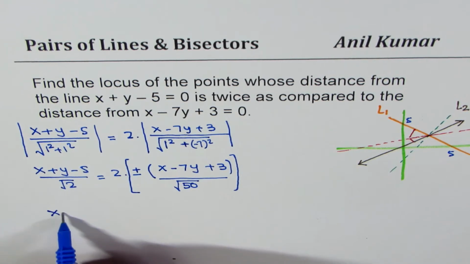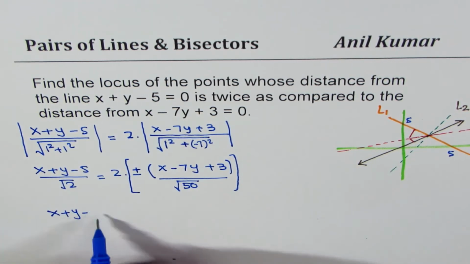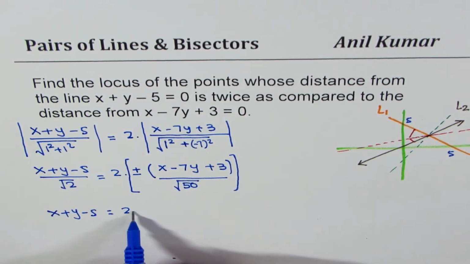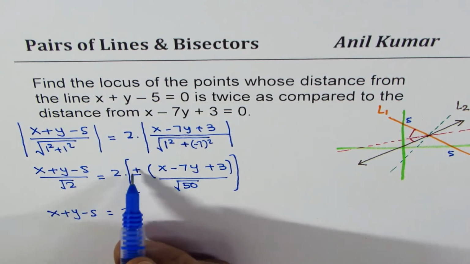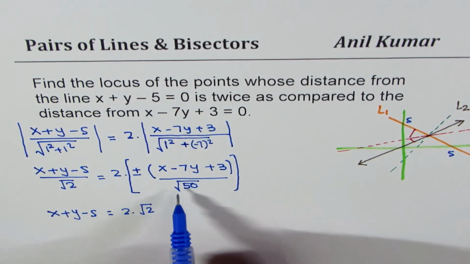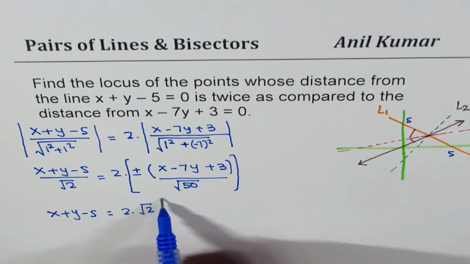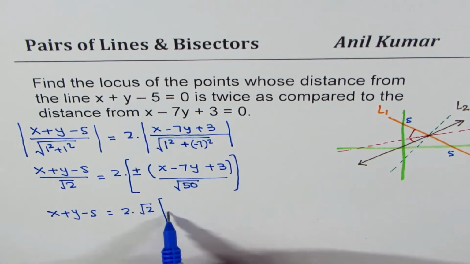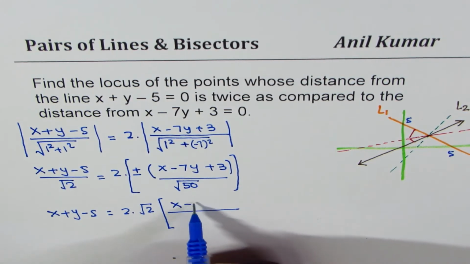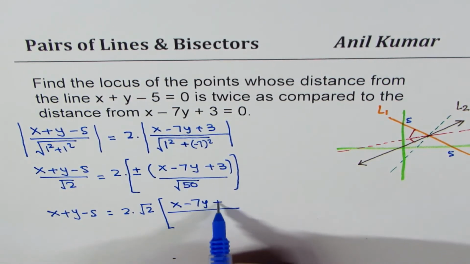We'll say x plus y minus 5 equals 2 times square root 2. I'm taking all these terms here, we'll simplify them there, and inside the bracket we have x minus 7y plus 3.